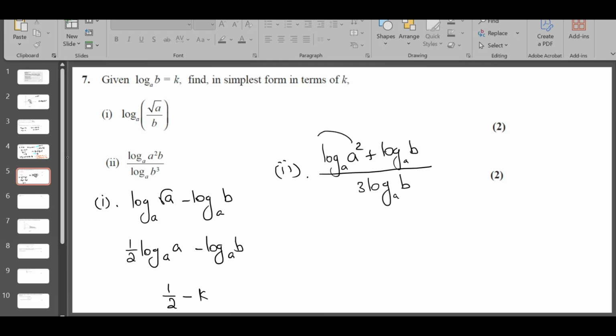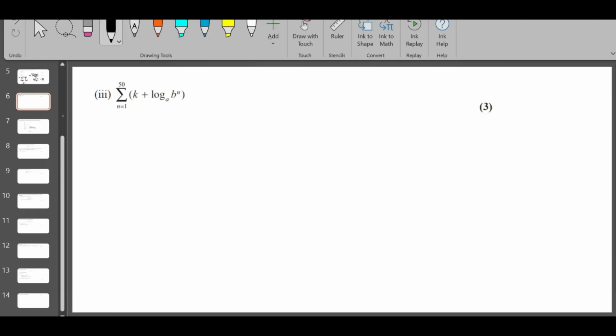If you put this power in front, it's going to be 2 log a to the base a plus this is k, this is also k, and log a to the base a is 1, so 2 plus k over 3k. That's all.